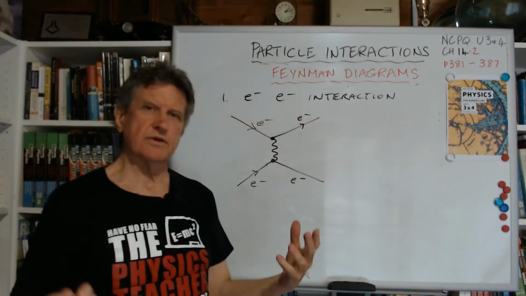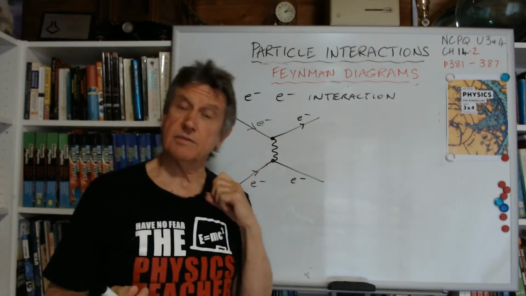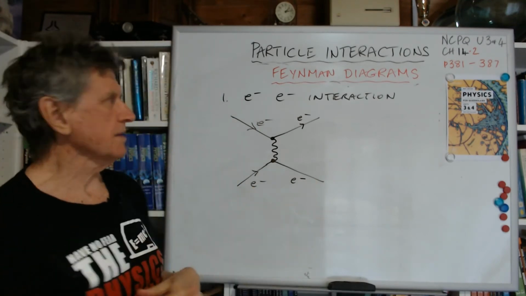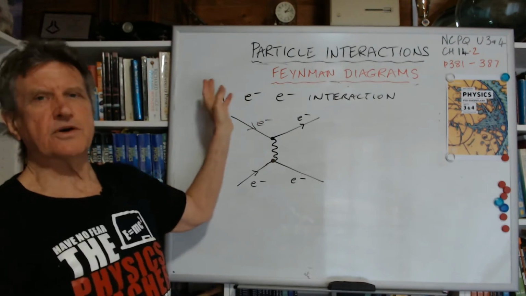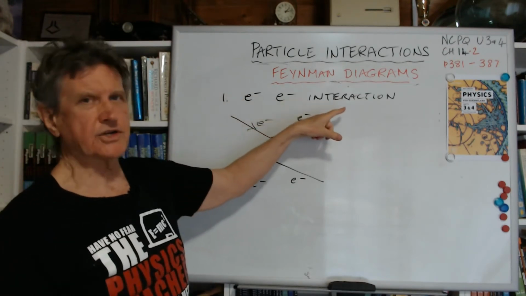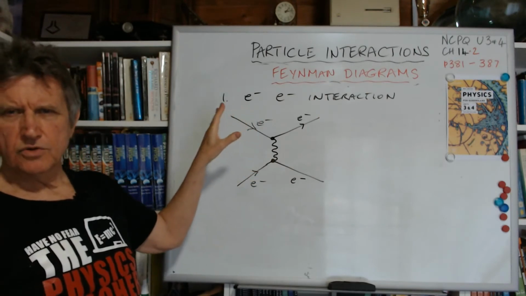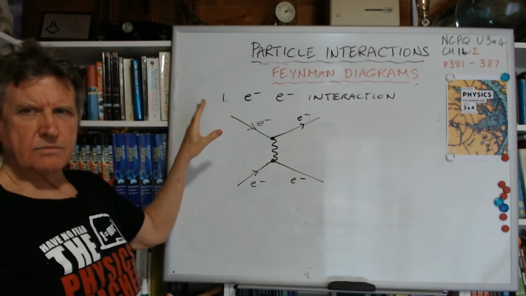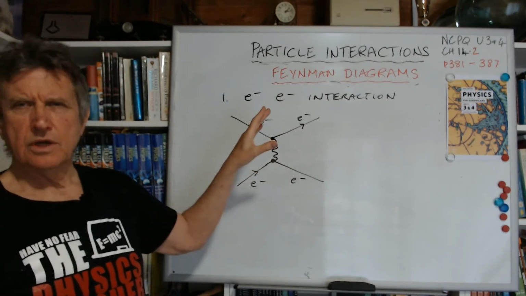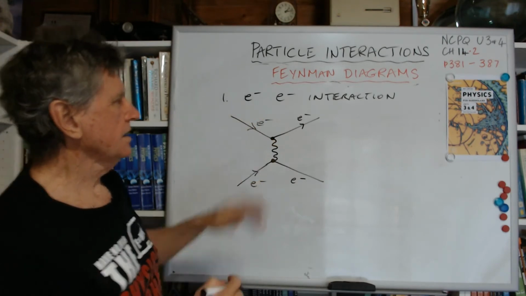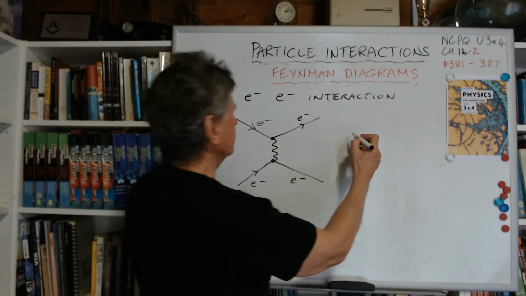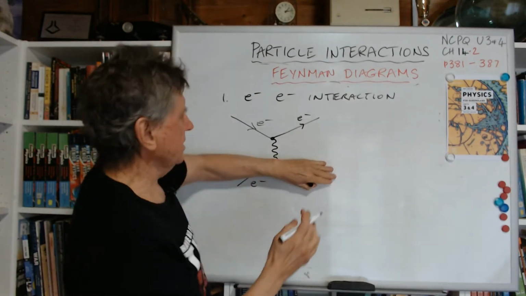You have to do that. The syllabus or the question on the multi-choice on the external exam could say, draw the Feynman diagram for an electron-electron interaction. Now you could probably get away with just doing this part here.